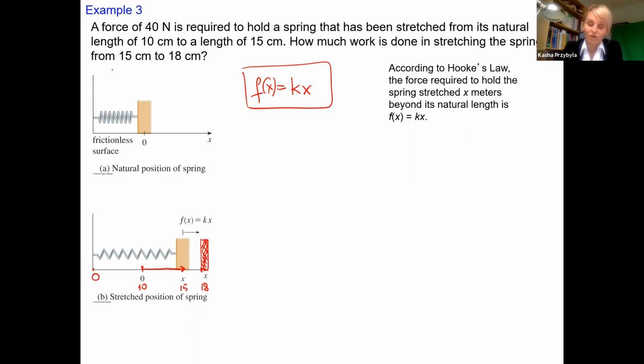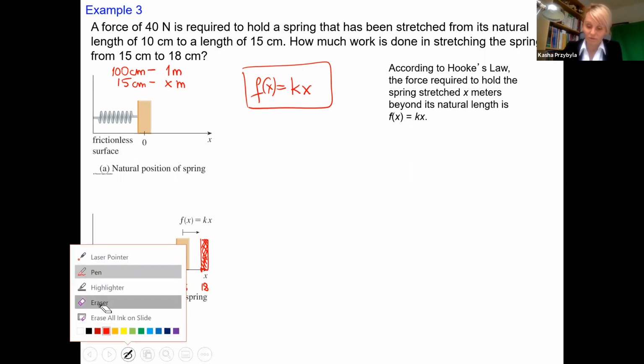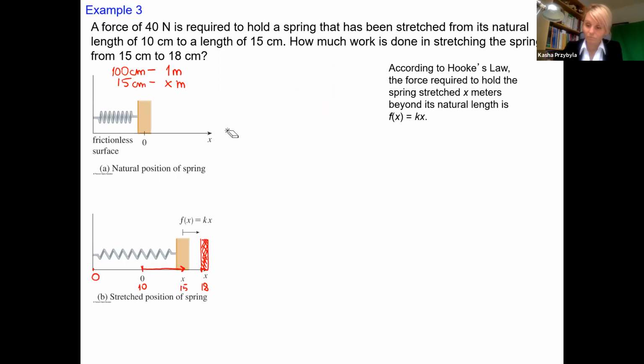That means now we have to convert to meters. And we know that 100 centimeters is 1 meter. Now 15 centimeters will be, let me put x for now, just to show you how to convert.